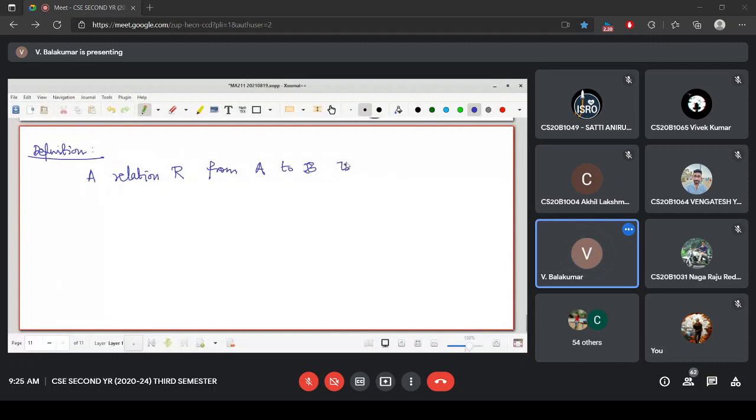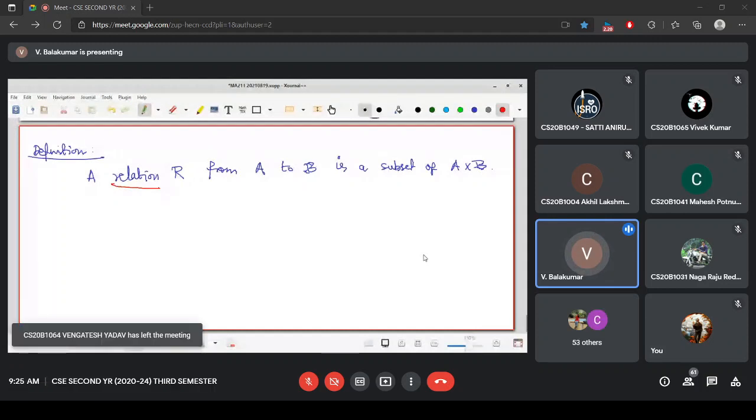It is a subset of the Cartesian product A cross B. Here we are defining what a relation is. You studied relations already: symmetric relation, anti-symmetric relation, equivalence relation.